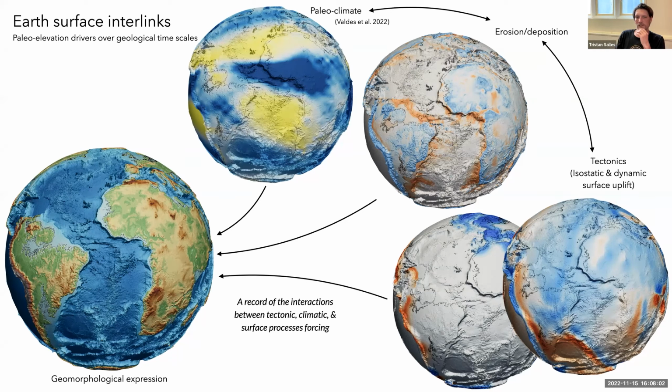And this will be the same for the Earth. You will have the interaction with paleo-climate, and also the interaction with tectonic forces that are going to uplift or subside parts of the crust and change the paleo-elevation accordingly.